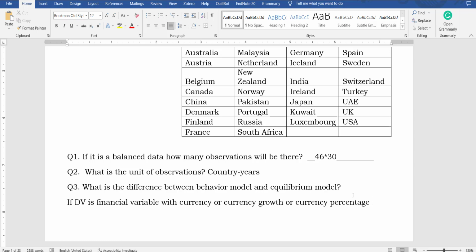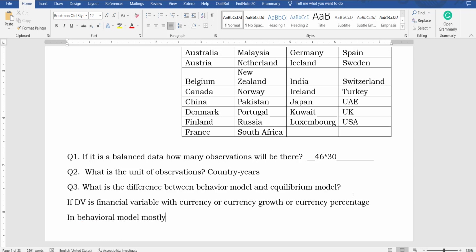Otherwise it will be a social or behavioral variable like infant mortality rate, unemployment rate or poverty rate. So before you start, you need to understand that if your data is a financial variable, it is highly likely to go towards an equilibrium model. And if it is a behavioral variable like infant mortality rate, poverty rate or crime rate, it will mostly go towards a behavioral model. Why am I talking about that?